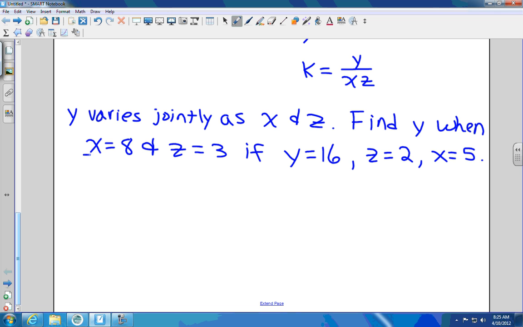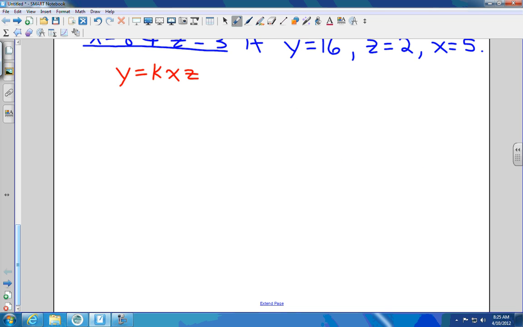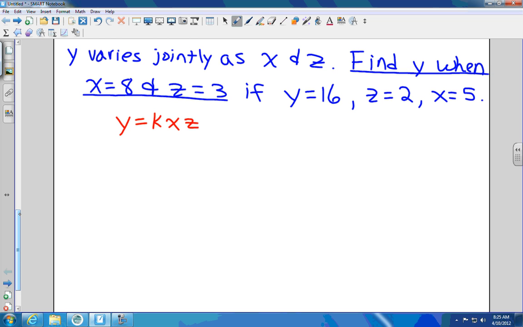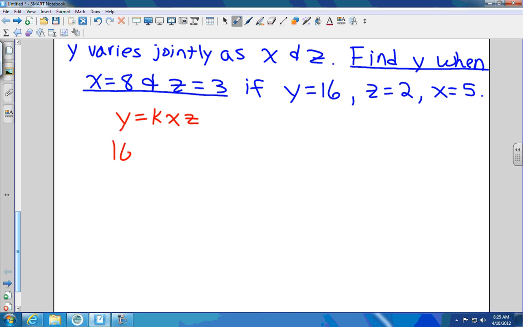So again, this part here is what you're looking for. So this would be all of the second ones, second fractions or second letters. That will come later. You use the one where it gives you all three to start off with. So the formula or equation, y equals kxz, and we're going to find k using the three they gave us. So in the given information, what was y? 16. K stays k until we figure out what it is.